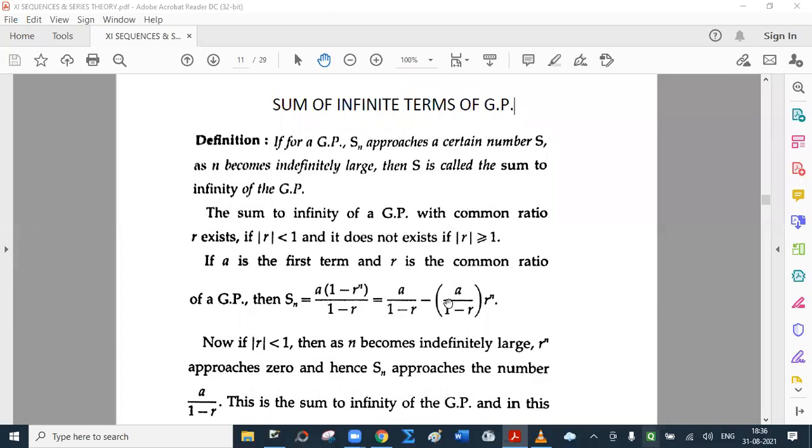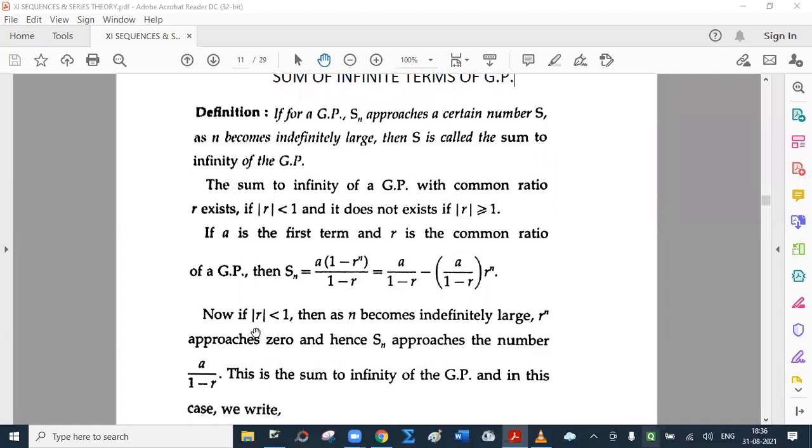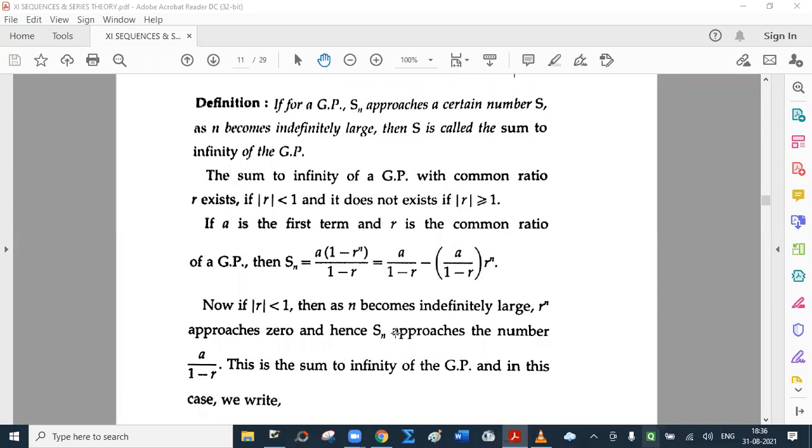So open the bracket, split numerator. Now, if modulus of R is less than 1, then as n becomes indefinitely large, r raised to n approaches 0. And hence Sn approaches the number a upon 1 minus r. This is the sum to infinity of GP.